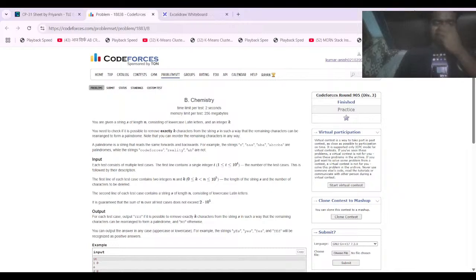Right, chemistry. You are given a string s of length n, consisting of lower case Latin letters and integer k. अच्छा, lower case दे रहा है, Latin letters दे रहा है, integer k से बना हुआ, right? You need to check if it is possible to remove exactly k characters. Okay, हमें check करना है.